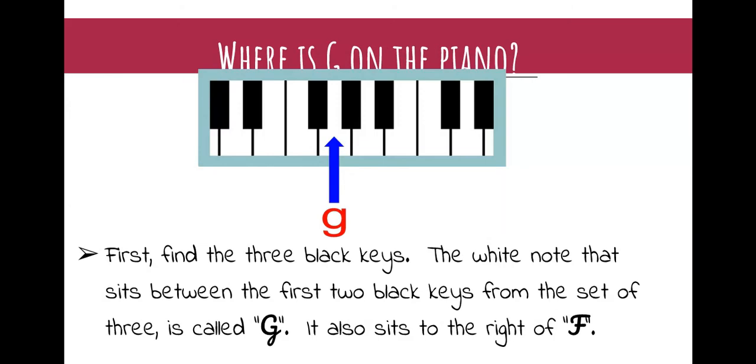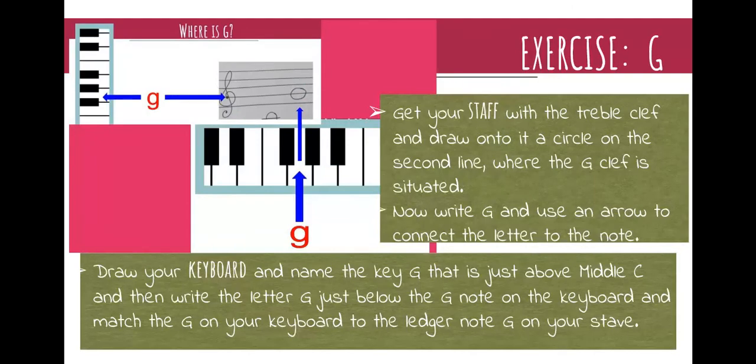So now, where is G on the piano? Well, as you know, you need to find the set of 3 black keys, and the white note that sits between the first 2 black keys from the set of 3 is called G. So you know this.